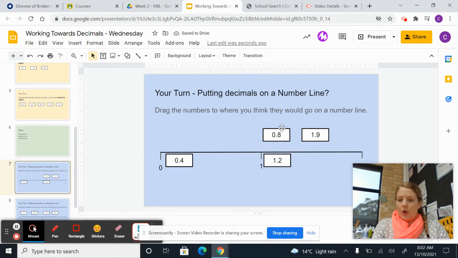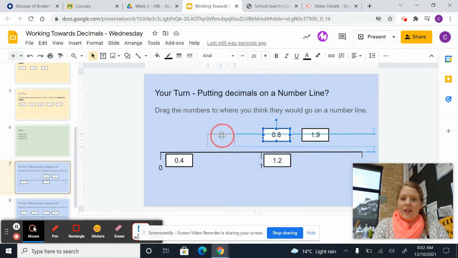Next, we have 0 and 8 tenths. Now, 0 is the first number that we're looking at. So would it be on this side or would it be on this side? Now, have a think about that. What do you think? Now, the reason why we put 0 and 8 tenths on this side of our number line is because it is less than 1.